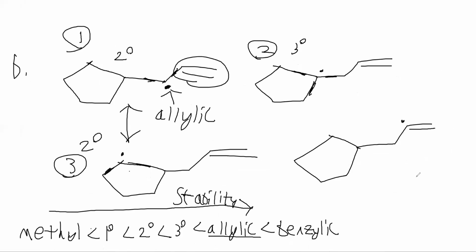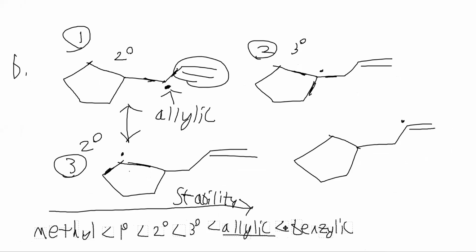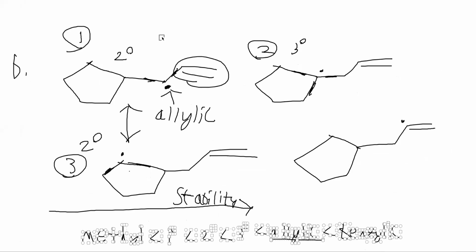What number should I give it, with 1 being more stable and 4 being less stable? So I'm pretty sure it would be less stable than a methyl.